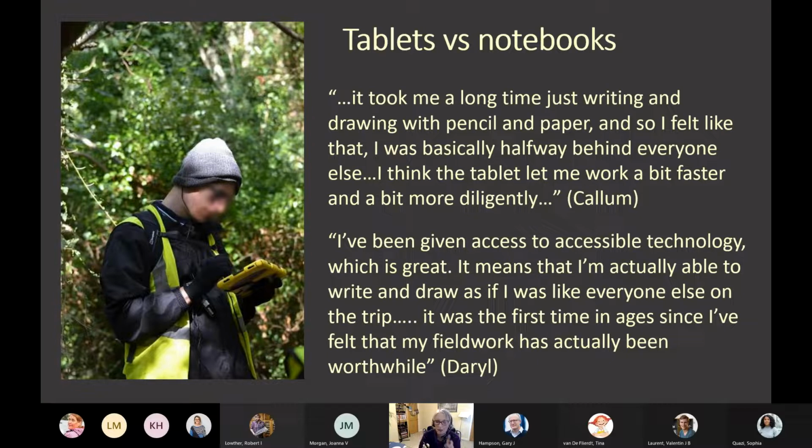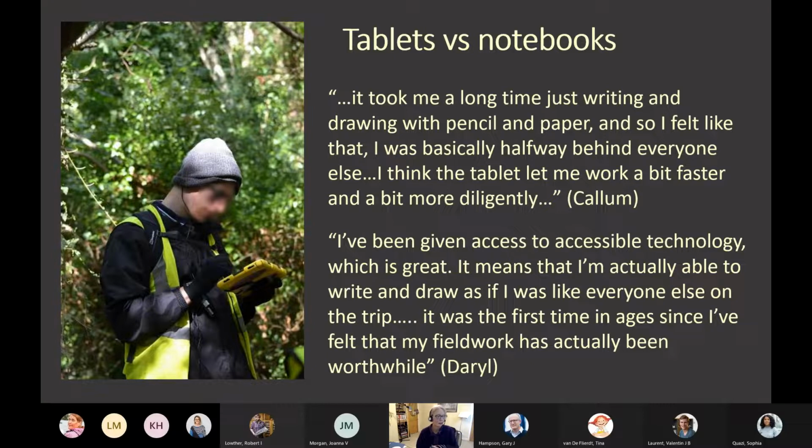Where these were really transformative was for autistic students, because it offered them an opportunity to engage with the fieldwork and to record information in a way that they hadn't previously been able to, and therefore to make sense of what they were learning in the field in a way that they hadn't previously been able to do. So this was a real learning point from this part of the activity.